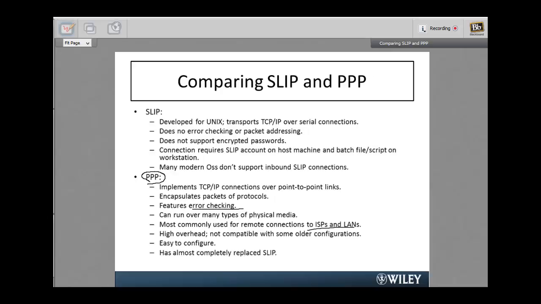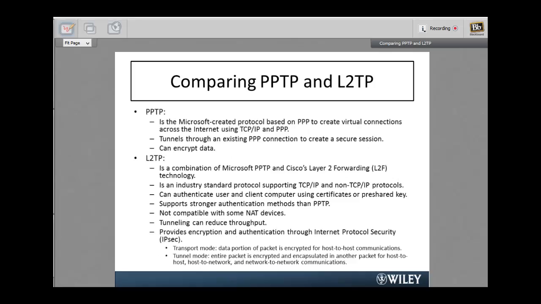It has high overhead and is not compatible with some other configurations, but it is easy to configure and has almost completely replaced SLIP. So PPP is the one in use instead of SLIP.